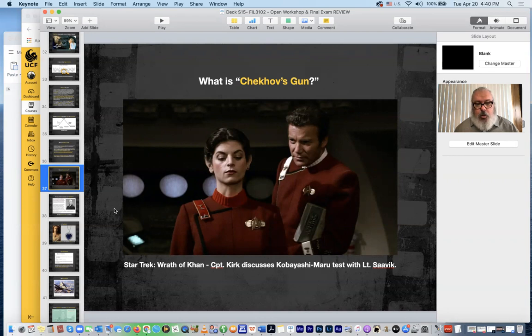And so in the beginning of the movie, the Enterprise is getting a new officer, I think she was a science officer, Lieutenant Saavik, and Kirk meets her and greets her on her first trip to the Enterprise.